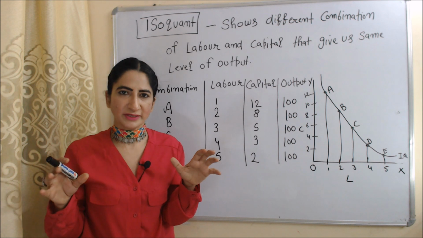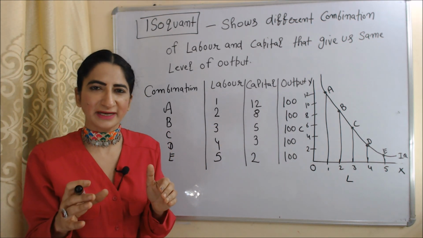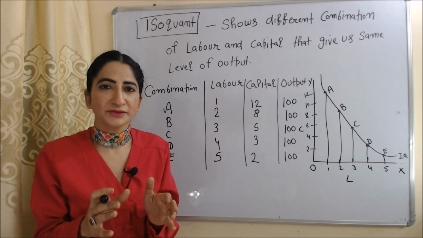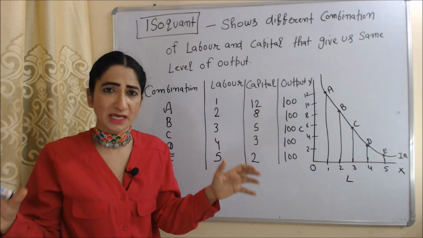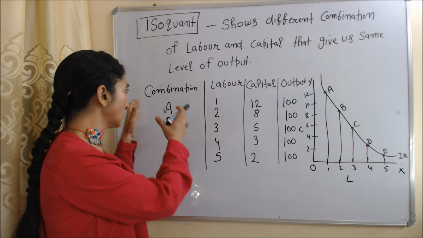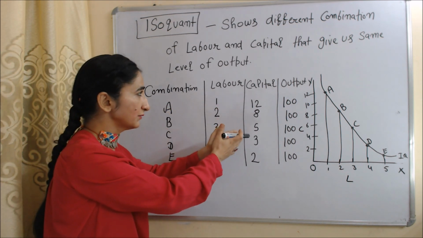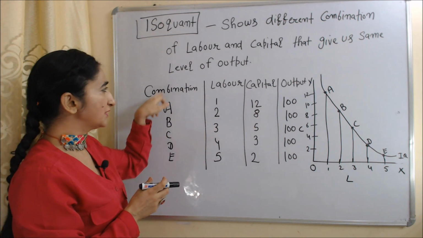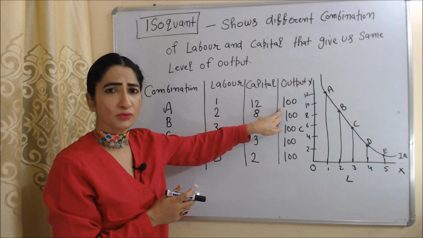Now we will talk about isoquant. Isoquant shows different combinations of labor and capital which give us the same amount of output. Here you can see in the first column we have combination, in the second column we have labor, in the third column we have capital, and in the last column we have output. At combination A, we are using 1 labor and 12 capital and getting output equal to 100.